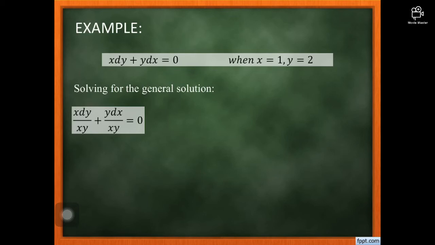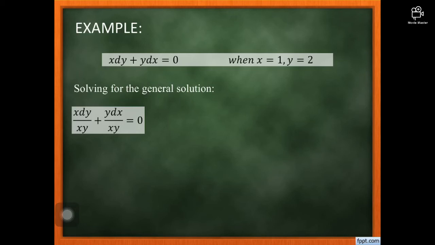Let us not focus on the solution but on what a general solution really is. So we are defining the general solution. I'm just going to show a whole solution just to explain what a general solution is.